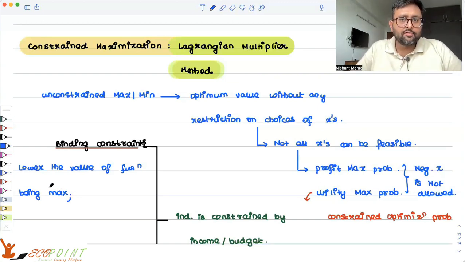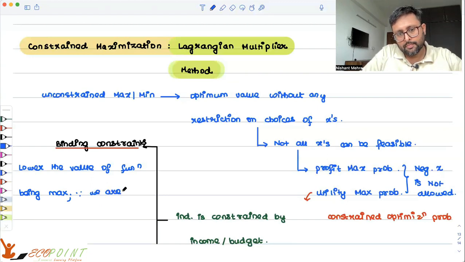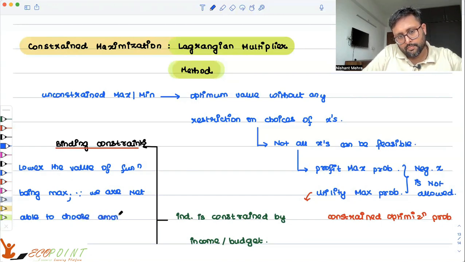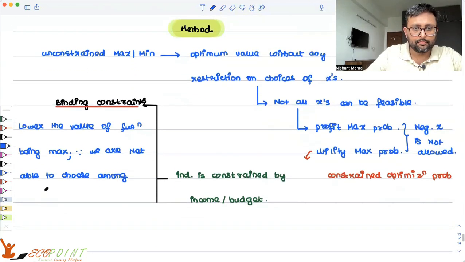Because you cannot just freely choose among any x's which are available, because we are not able to choose among all x's.